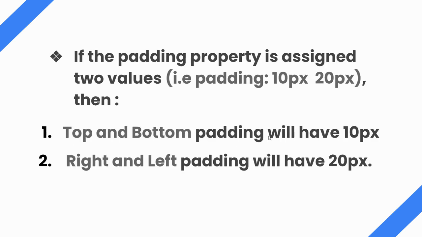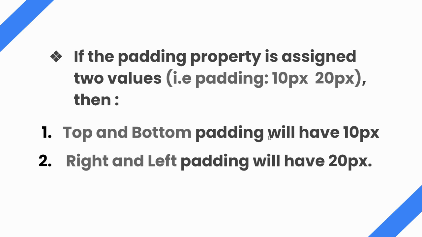Now if the padding property is assigned two values, that is, the padding is 10 pixels, then with a space, 20 pixels, this is the CSS syntax. The first value affects the top and the bottom padding, so the top and the bottom padding will have 10 pixels, and then the right and the left padding will have 20 pixels.